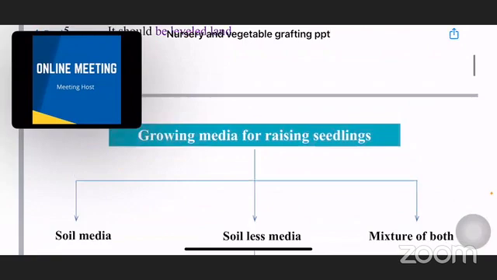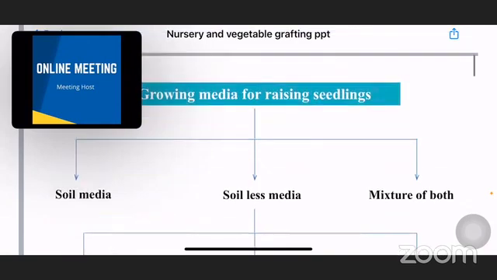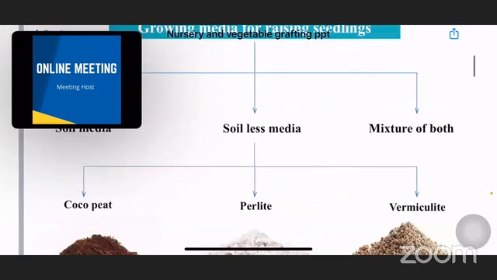Then coming to the growing media: soil media, soilless media, and a mixture of both. Usually we use soil only, but nowadays we are using soilless media like coco peat, perlite, and vermiculite.